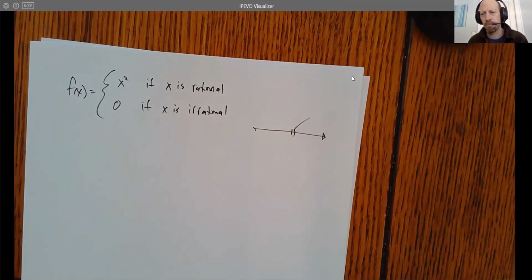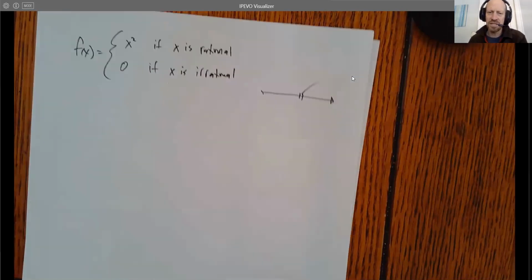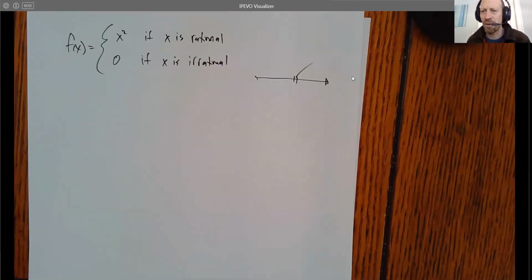no matter how small you try and take a chunk out of the number line. So this is kind of a piecewise function. I mean, I guess it is a piecewise function. It's just broken up in a different way, right? Rather than having solid intervals that fit together, here the pieces are blended together, like the intervals got all blended and mixed together. So I have both rational and irrational numbers.